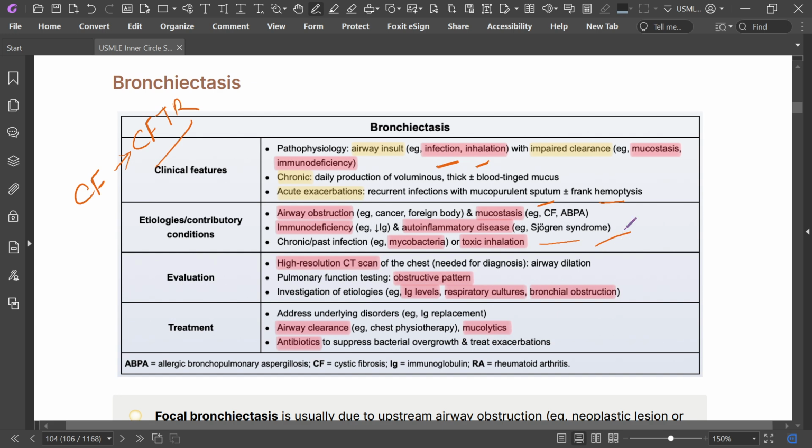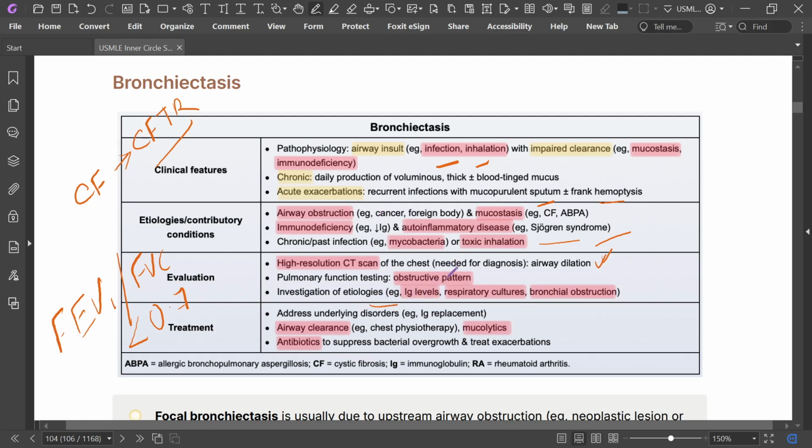High resolution CT scan of the chest is needed for the diagnosis, where we will find airway dilatation. Pulmonary function tests show an obstructive pattern, that means the FEV1 by FVC ratio is below 0.7, and there may be increased residual volumes.